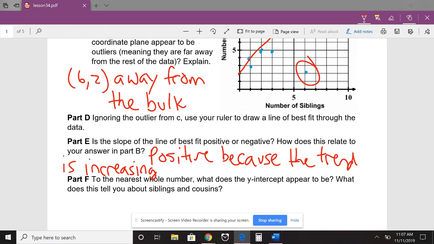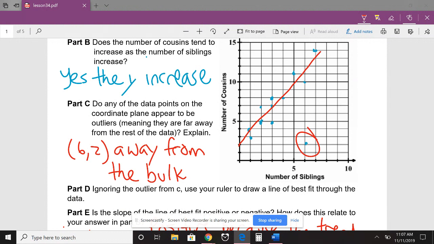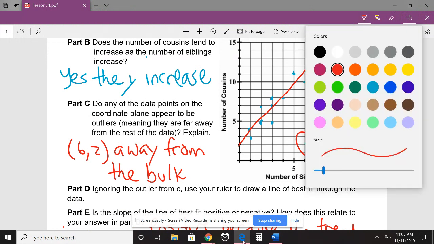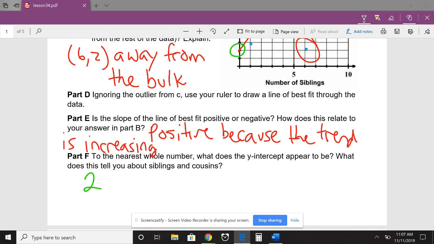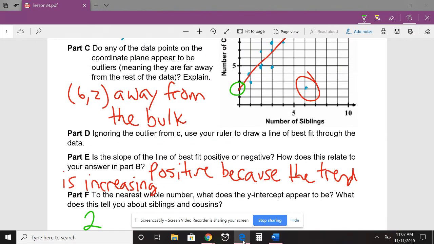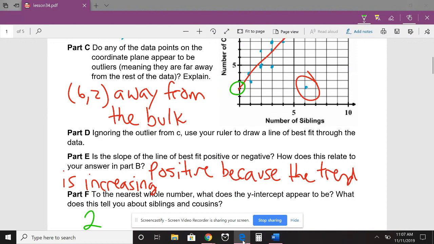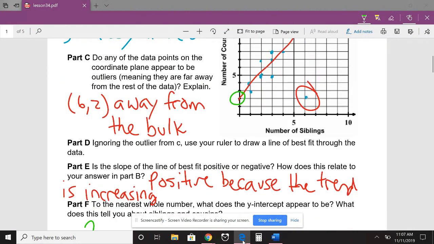So to the nearest whole number, what does the y-intercept appear to be? Well, I kind of drew it since my line wasn't straight, but it appears to be, at this point right here, 2. So what does that tell you? People with no siblings, okay, or they asked 12 students.